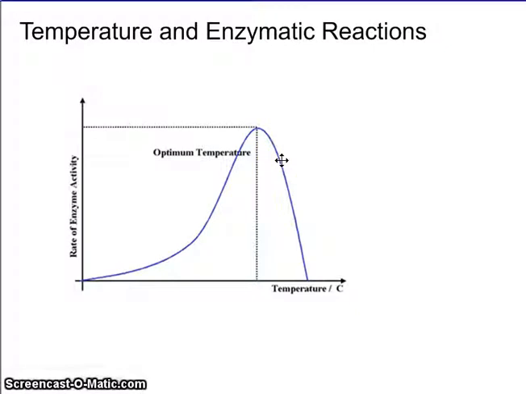It means it loses its shape, and then it loses its effectiveness. If it goes the other way, if we see this lower temperature, it doesn't necessarily denature the enzyme. What it does is it slows the molecules down so that there's less substrate making contact with the enzyme. So you have less enzyme substrate complexes, and then the reaction is slower.